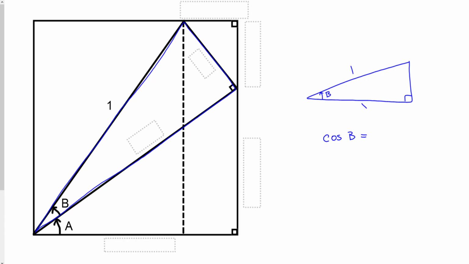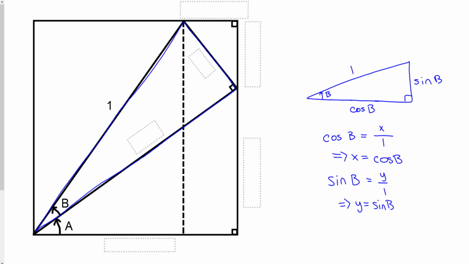The adjacent side I'll call x, so this would be x over 1, which means that x is just equal to the cosine of B. So this distance right here can just be replaced with the cosine of angle B. Similarly, if I call this y, then the sine of angle B, which is the opposite over the hypotenuse, would be y over 1, which means that y is just equal to whatever the sine of B is.